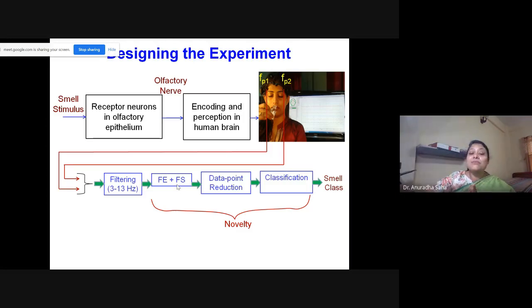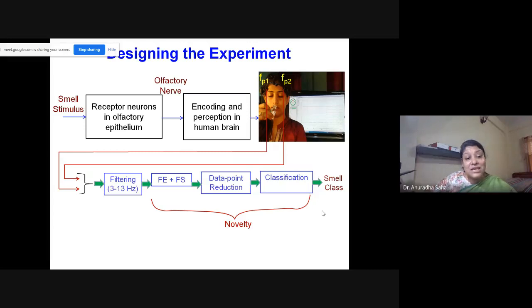In a very similar manner, we can select a few data points from a large pool of data points, so that we can deal with a feasible data matrix. And then we can classify this particular smell stimulus so that we can obtain the correct smell class.